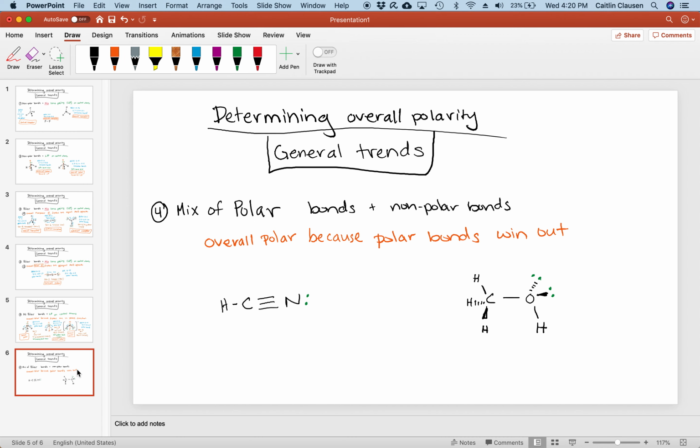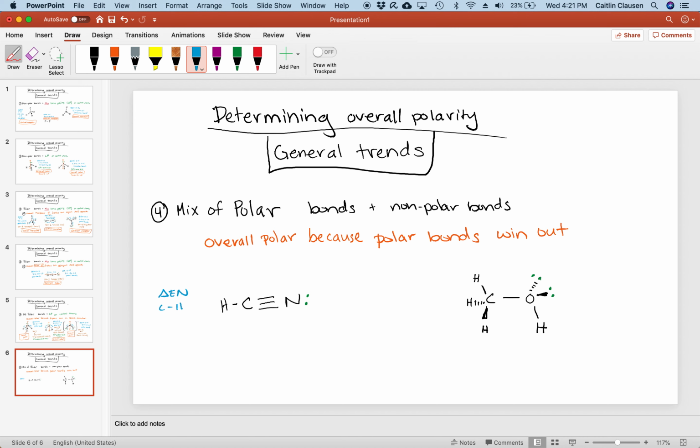Now the last general trend is if you have a mix of polar bonds and nonpolar bonds. You guys saw this a lot in your lab, and there are also, I think, a few homework questions on this. You do the same thing, you just calculate the delta electronegativity of each bond, and generally they're going to be overall polar because the polar bonds win out.